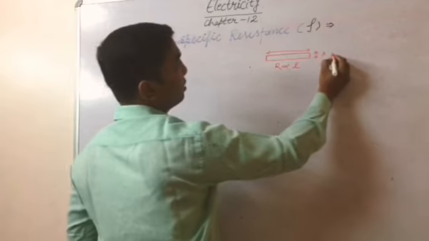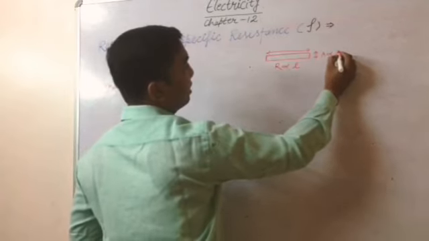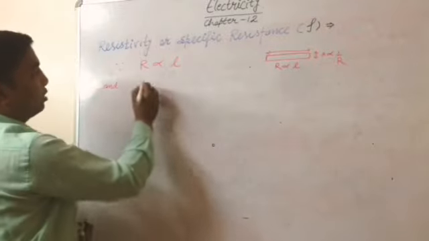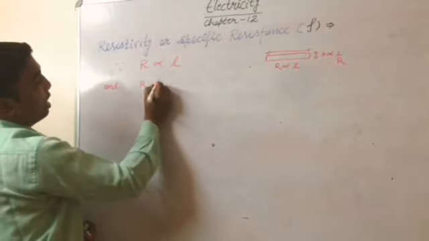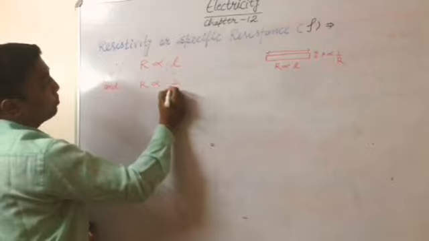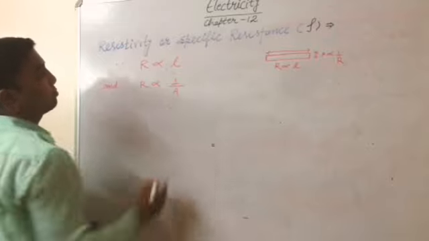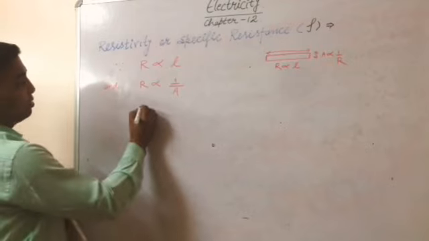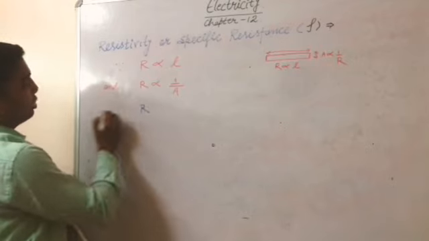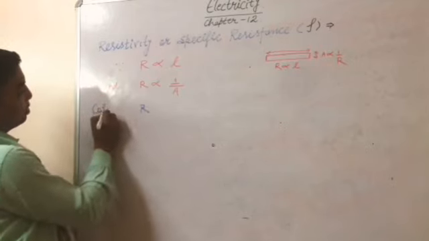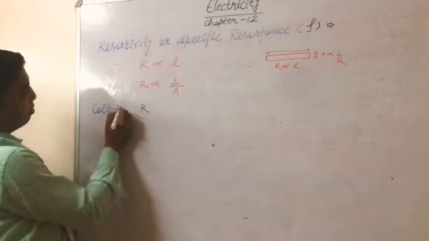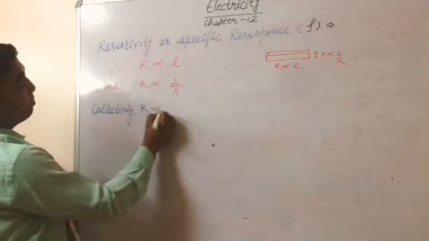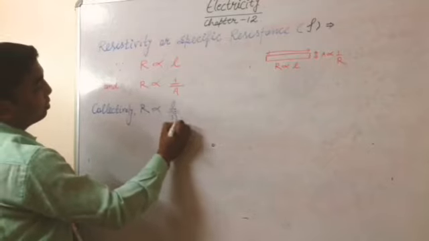We know the resistance and the area of the wire are inversely proportional, so R is inversely proportional to the area of the wire. Collectively I can write R proportional to L upon A.